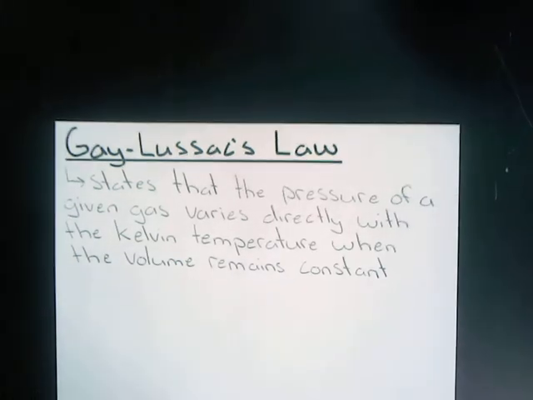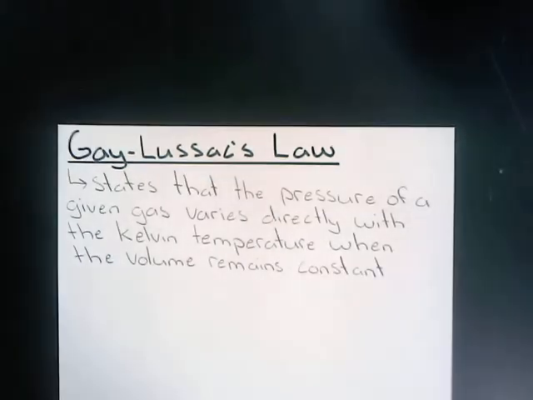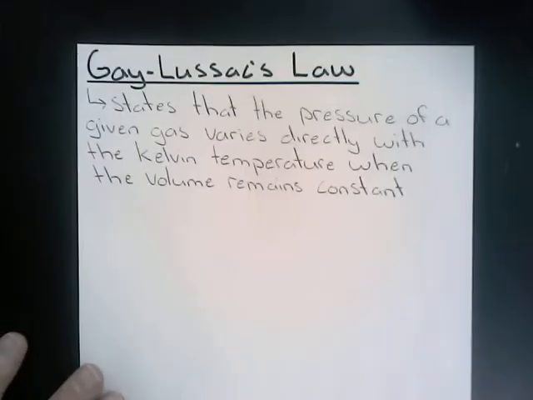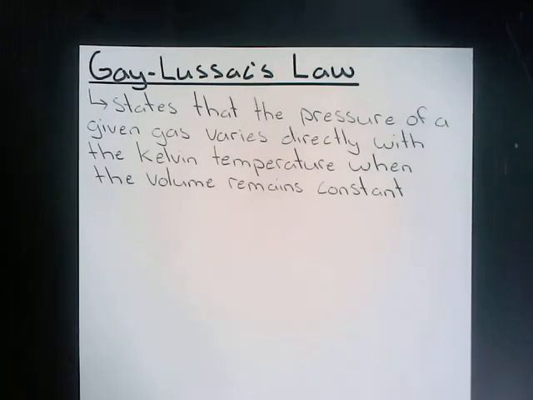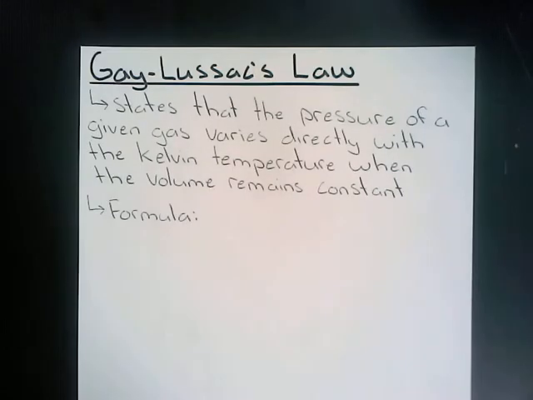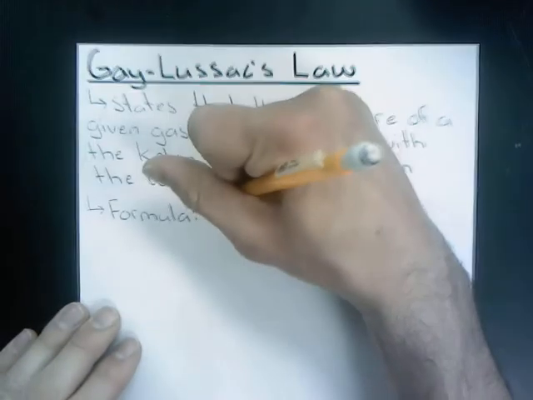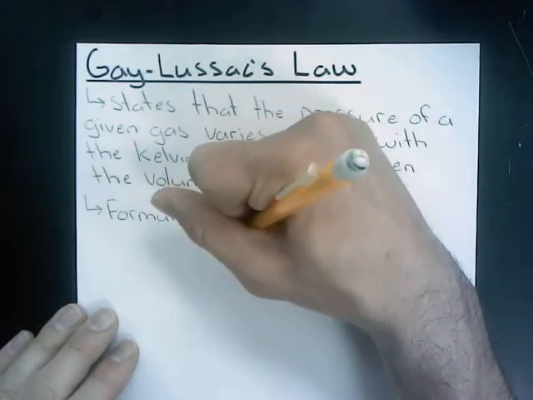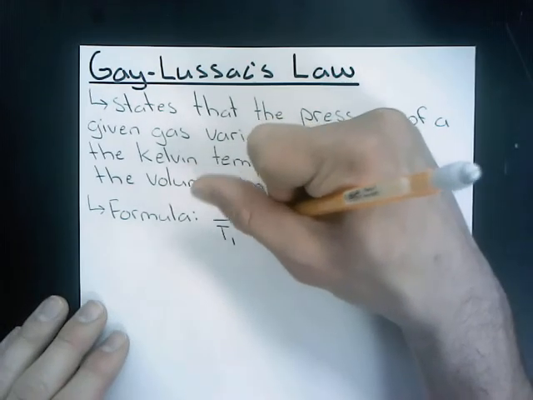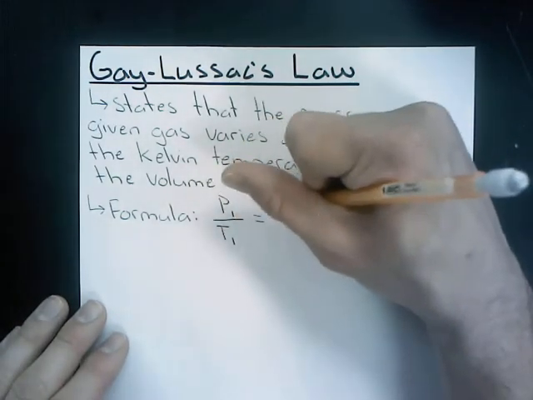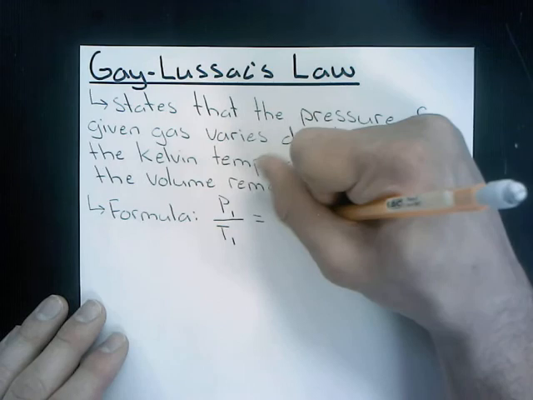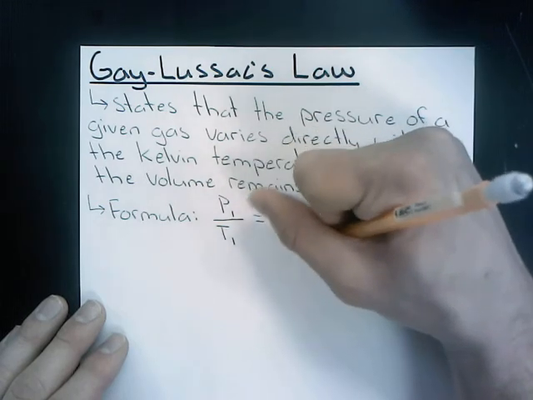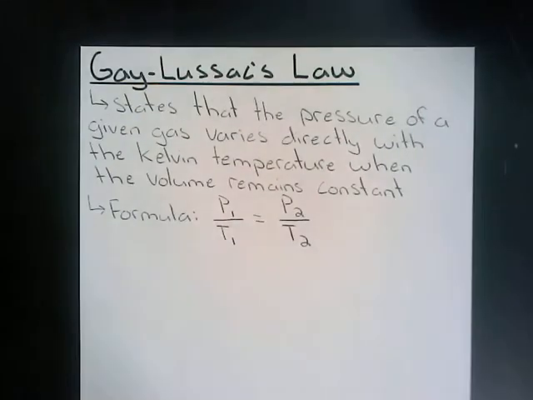Now, again, to help us recognize what we have here with Gay-Lussac's law, we also have a formula with this gas law. And so that formula is our P1, or our initial pressure, divided by our T1, or our initial temperature, is equal to our P2, or final pressure, divided by our T2, or final temperature.